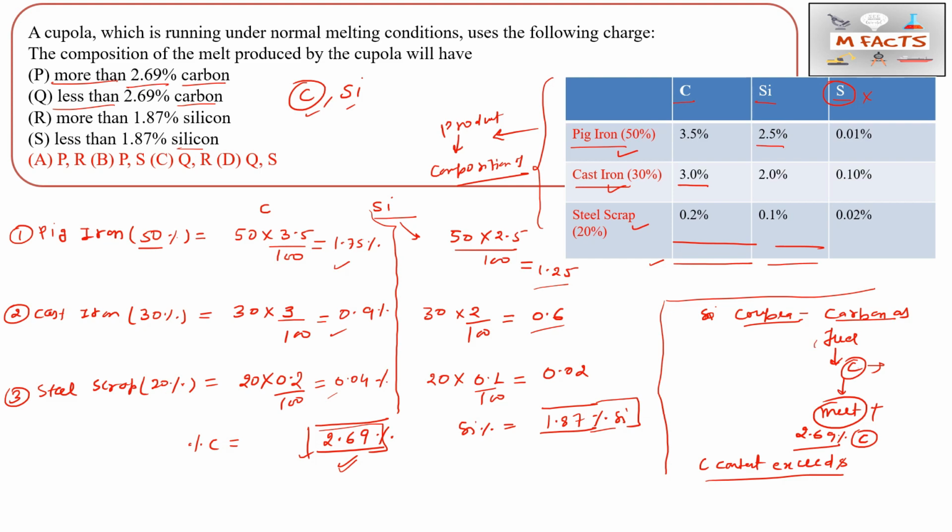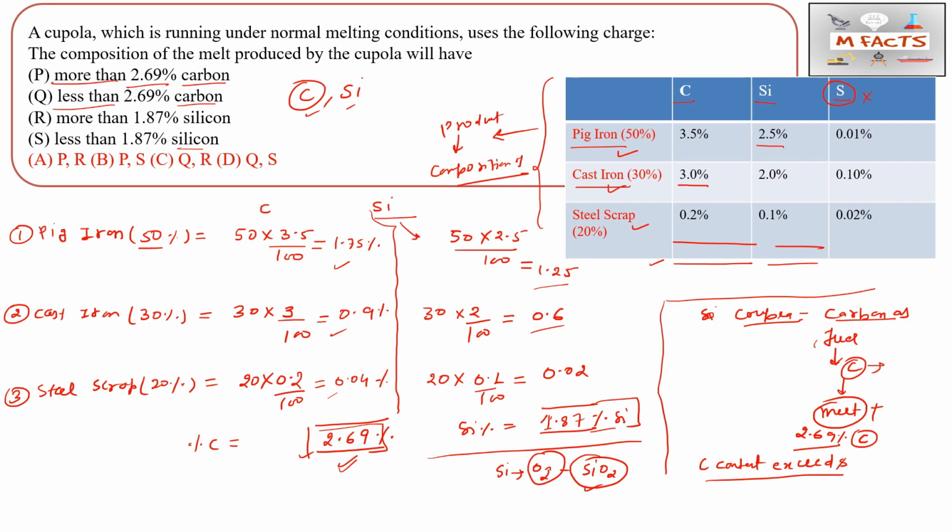The next thing is silicon. How can we get an idea about silicon? Silicon will react with O2 and produce SiO2. So we have 1.87% silicon, but some silicon will react with oxygen and produce SiO2. So we will not get all of it in free, elemental form.